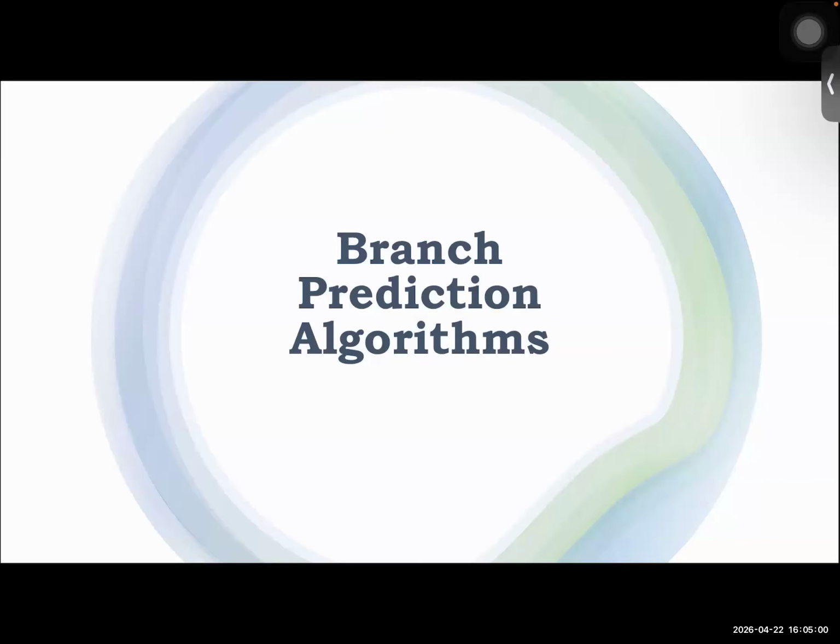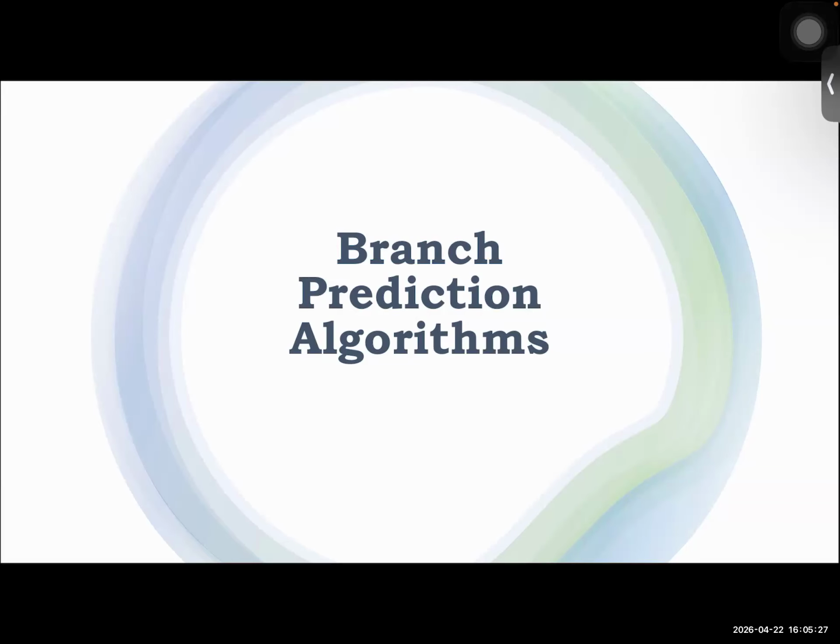So in the branch prediction algorithm, if you recall, in our previous session, we talked about the control hazards. These control hazards occur because of the branch instructions, and we looked at certain solutions: stalling the pipeline is one solution.